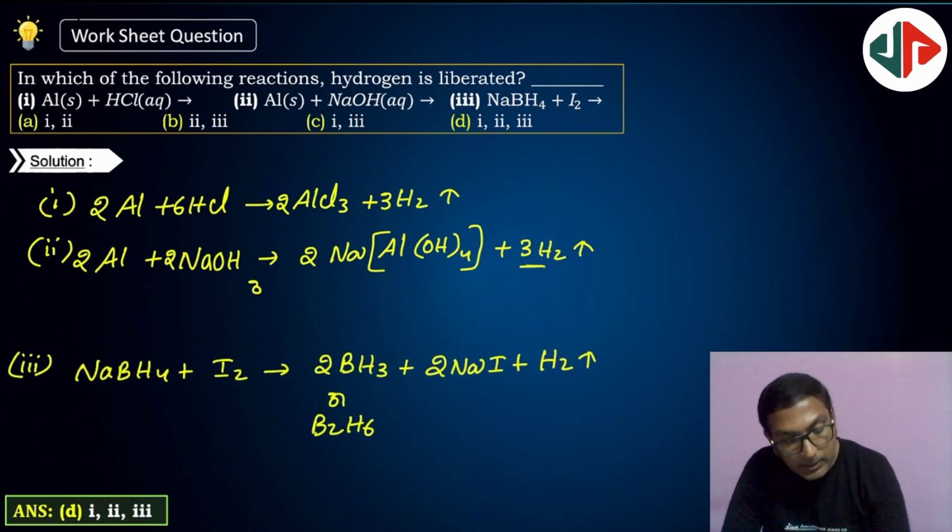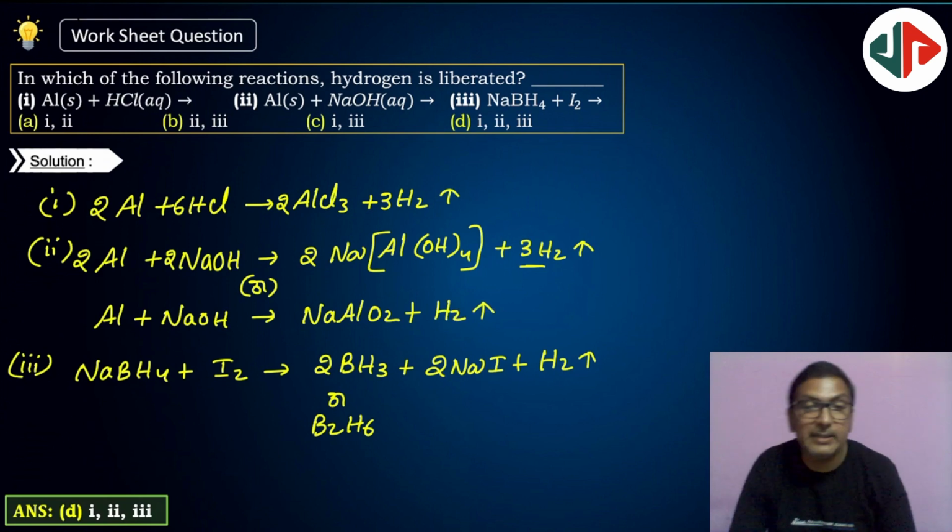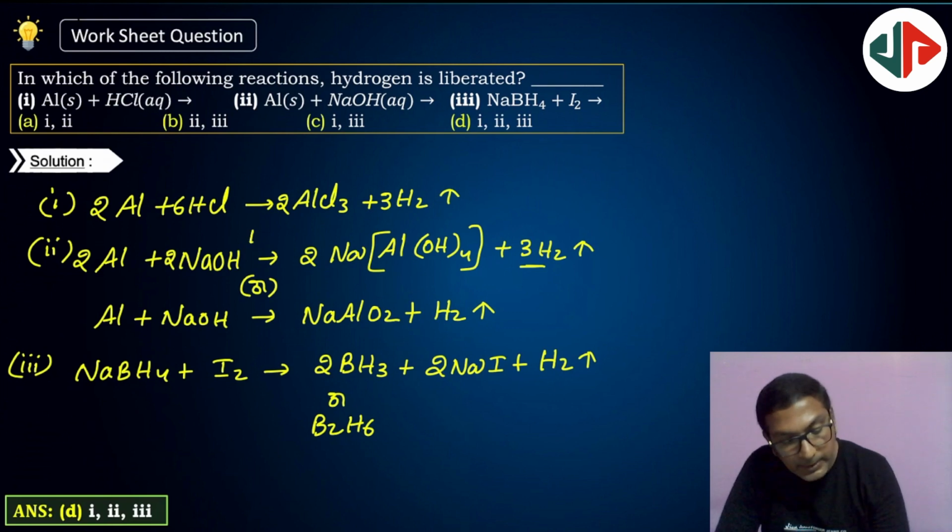Second reaction, or Al plus NaOH gives NaAlO2 plus H2. In this way also we can write it, H2 gas, with sodium meta-aluminate. Here H2O will be there.